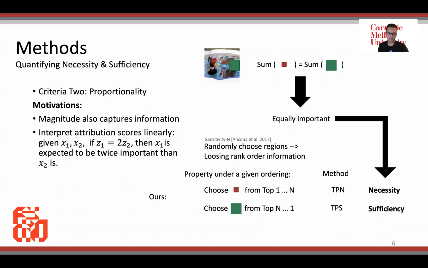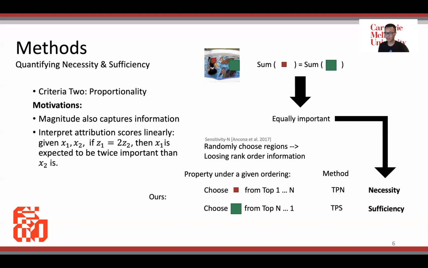Given two features x1 and x2, if their attribution scores z1 equals 2 times z2, then we expect x1 to be twice as important as x2. That is, if we are given two arbitrary groups of features, the red region and the green region, and they have the same share of total attribution scores, then they are expected to be equally important, either in a necessary way or in a sufficient way.